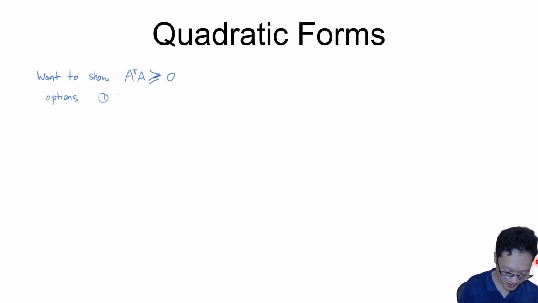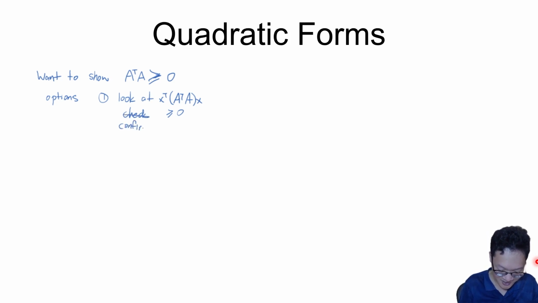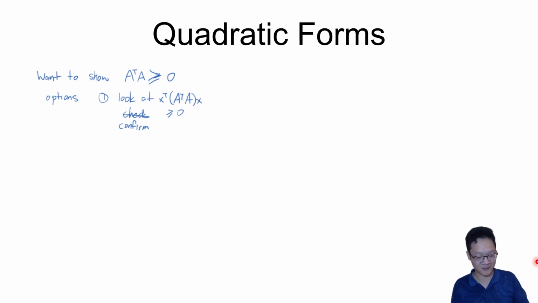Option 1 could be to look at X transpose A transpose A X and then check if this is greater than or equal to 0. Maybe not check, but confirm, because in this proof we know what the result we want is. So we're just going to confirm that this whole thing is greater than or equal to 0.